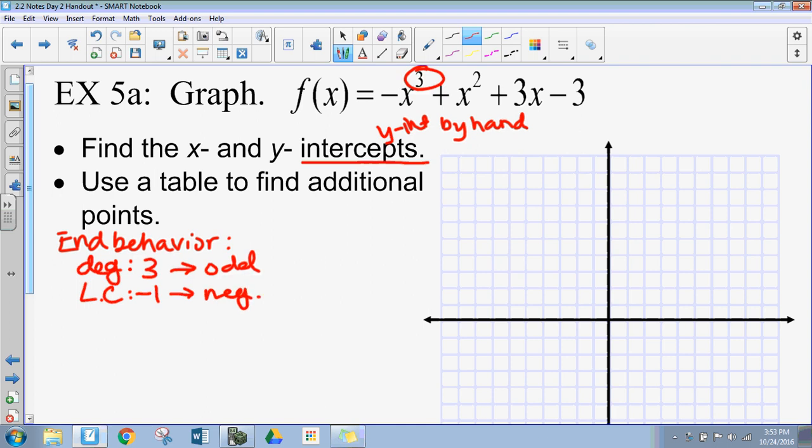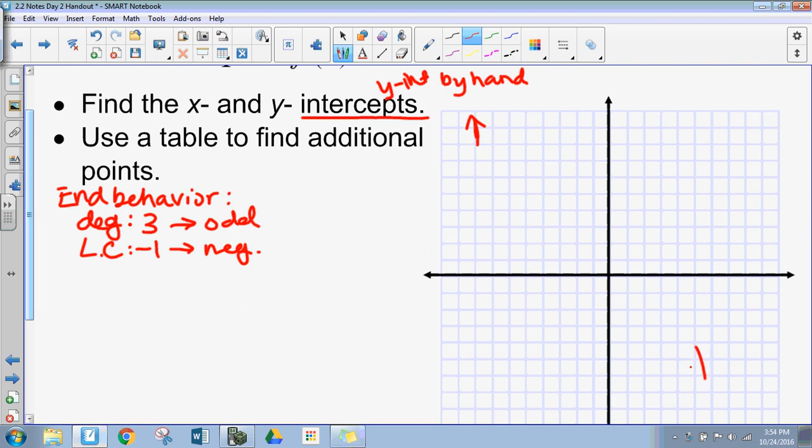So now you're going to go back and think about your end behavior of a line. Okay, so we're an odd function, or an odd degree. And so if you go to the line y equals -x, you're going to have the end behavior where you're going up and to the left and down and to the right.